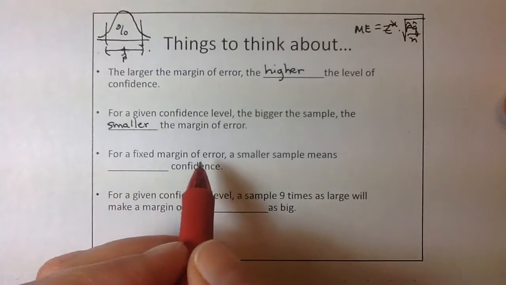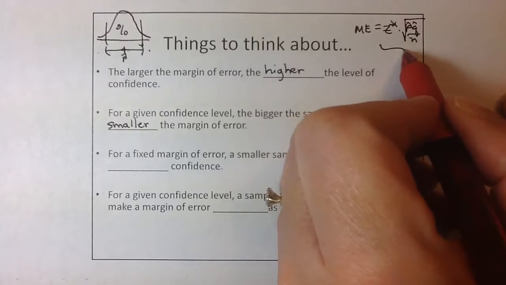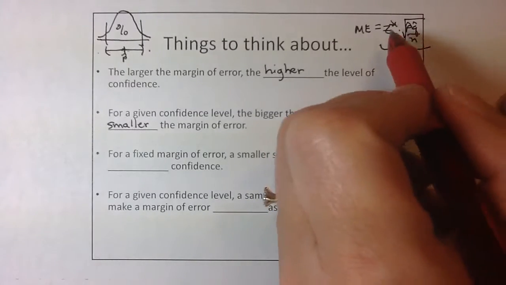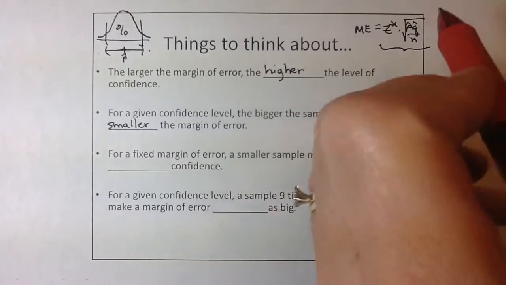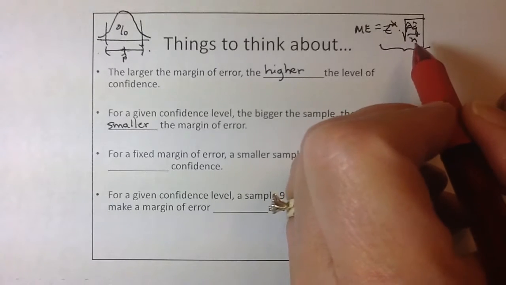For a fixed margin of error, which means the right side is fixed: Z star times the square root of P hat Q hat over N, all that has to stay fixed. A smaller sample means N is smaller. If N is smaller, then this overall fraction is bigger.